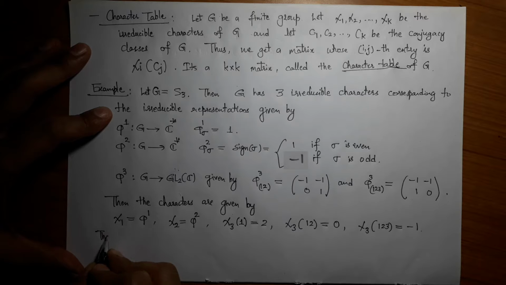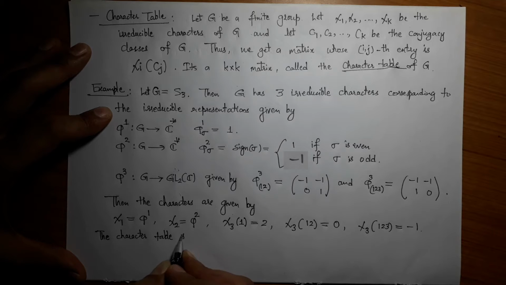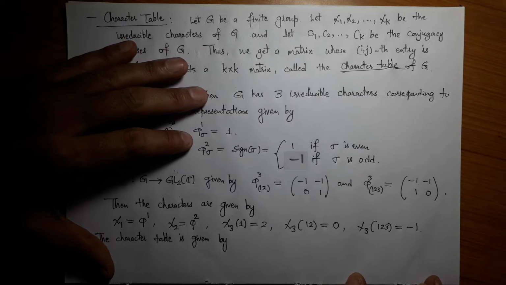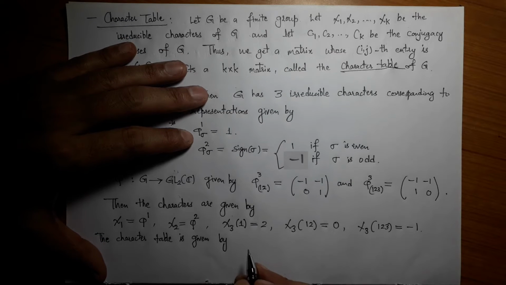The character table is given by the following. Remember that in this case it is a 3 by 3 matrix where the rows are parameterized by the characters and the columns are parameterized by the conjugacy classes.